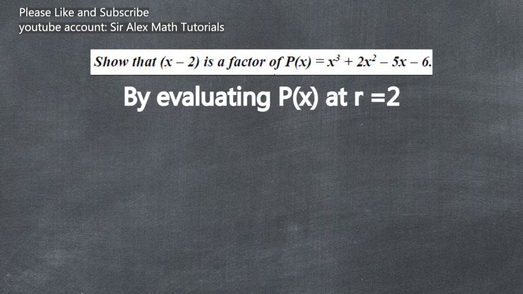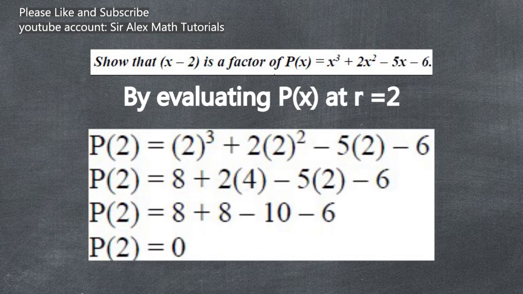By evaluating p of x, r is equal to 2, so we substitute the value of 2 into the polynomial. As you can see, 2 cubed plus 2 times 2 squared minus 5 times 2 minus 6 is equal to 8 plus 2 times 4 minus 5 times 2 minus 6, and it becomes 8 plus 8 minus 10 minus 6, and the answer is 0.